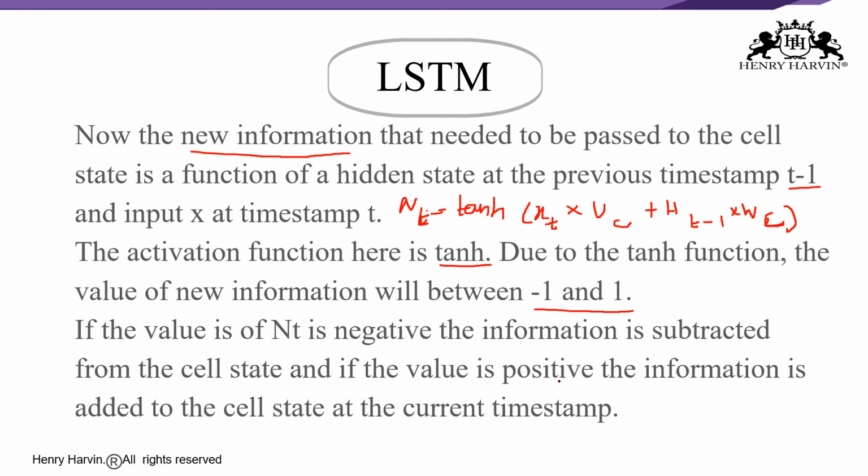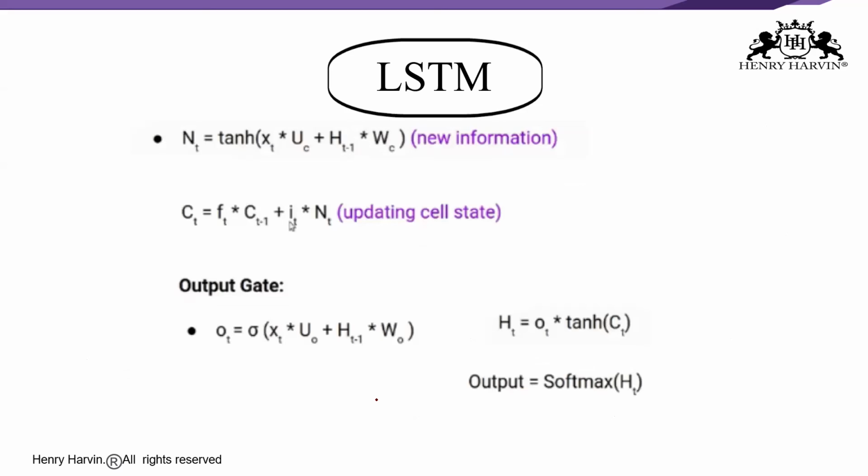And if the value is positive, the information is added to the cell state at the current timestamp. Very simple. The nt won't be added directly to the cell state. This is what I have written previously, and this is the cell state now being updated.